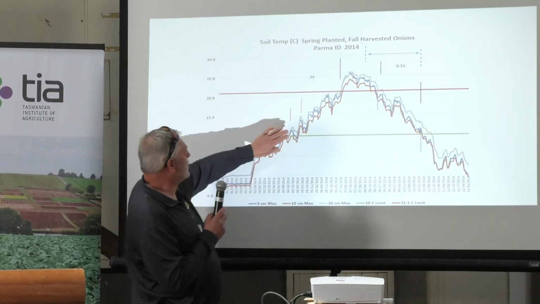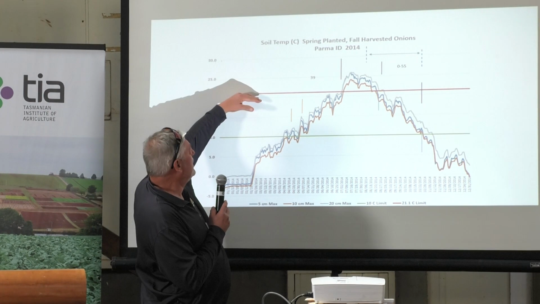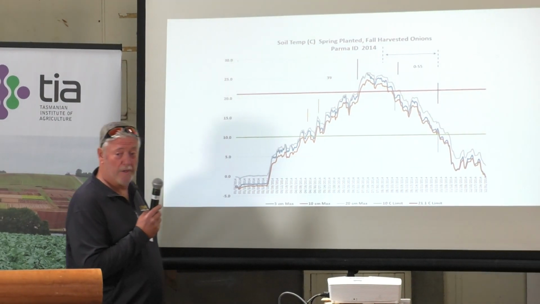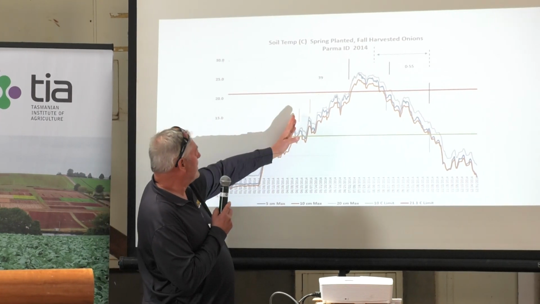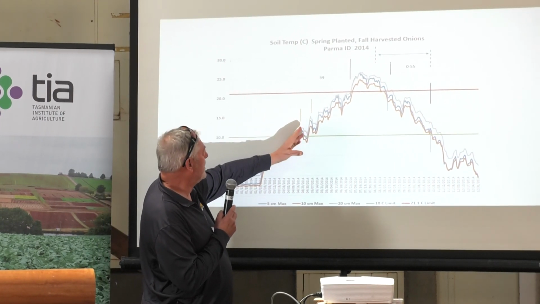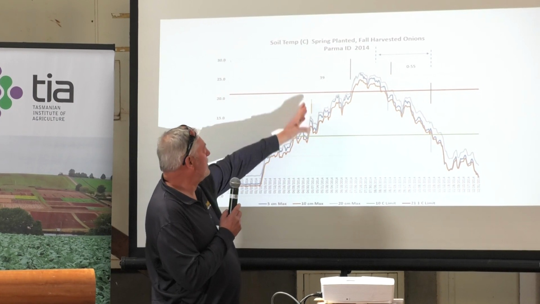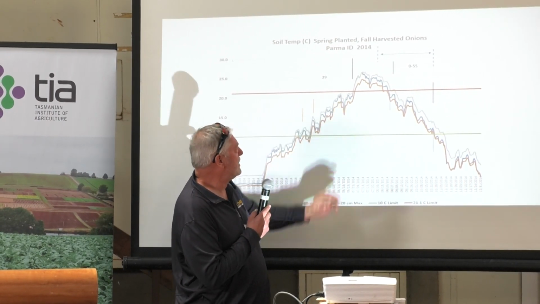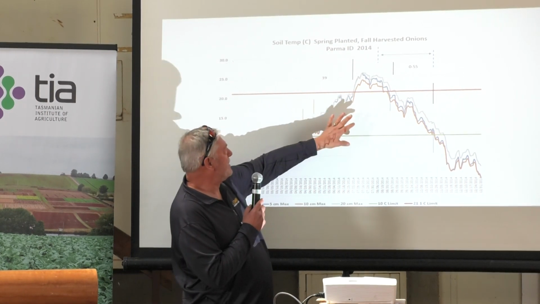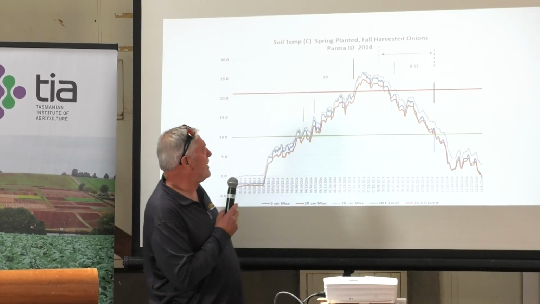And so they pass through this window between 10 centigrade and 21, where the fungus can begin to grow. And if they plant here in mid-April, the fungus could begin to grow and infect and move up the root system. And in this year, they had a 39-day window.